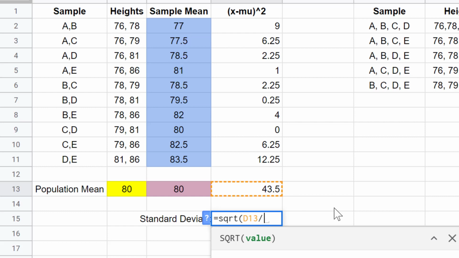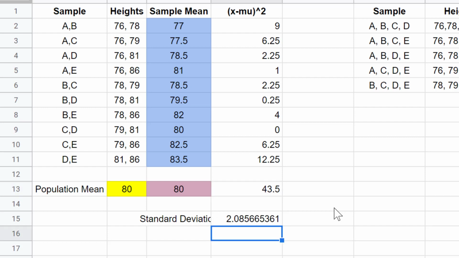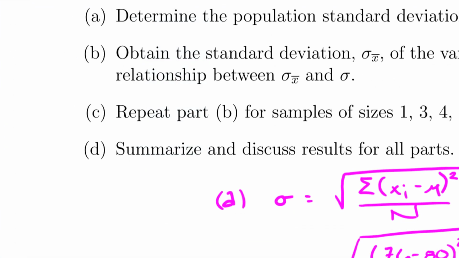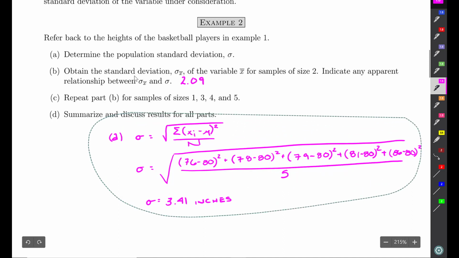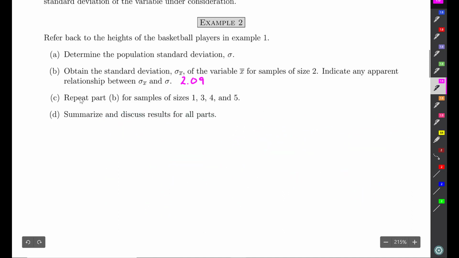It's going to be 10. So we type that in, and we get 2.09. So for part B, we can say that the standard deviation for samples of size 2 is 2.09 inches. Got to be specific.